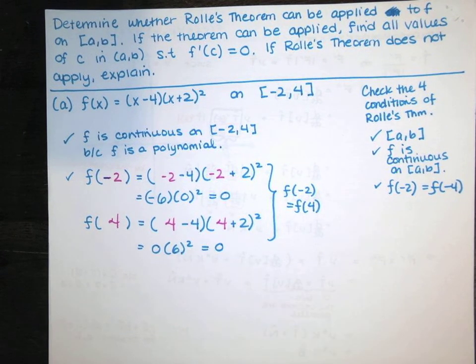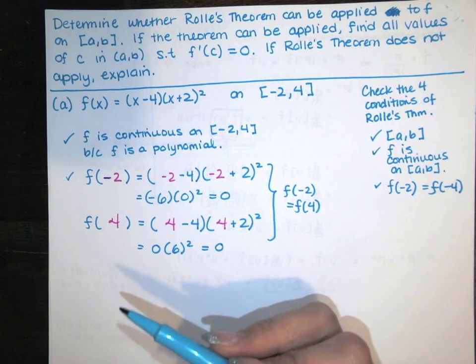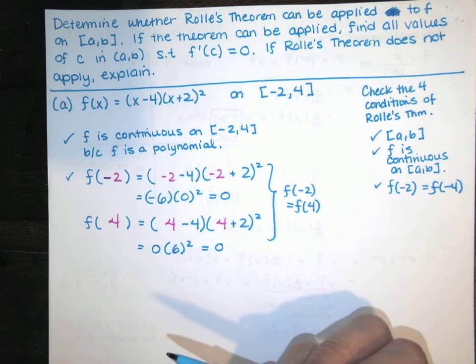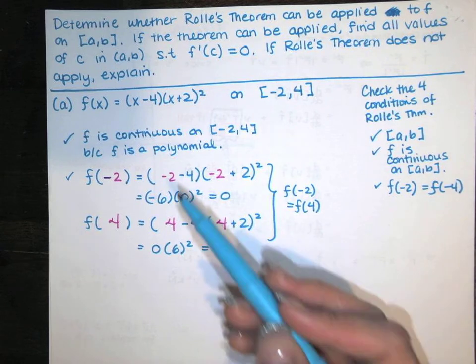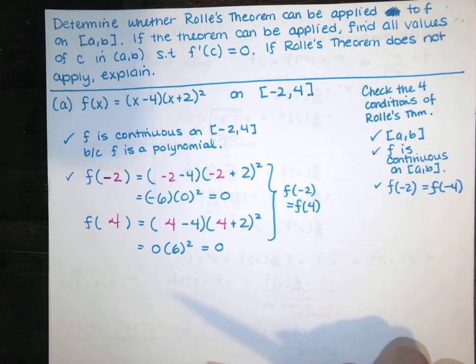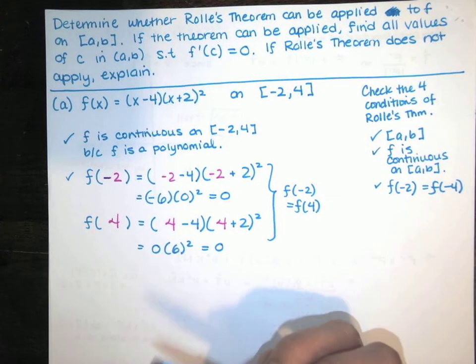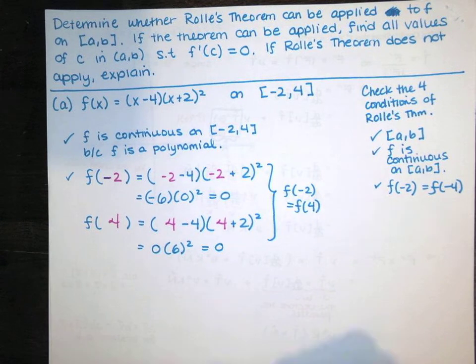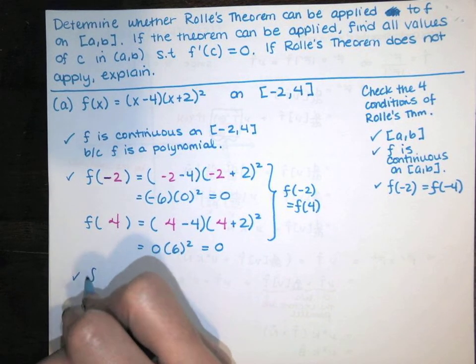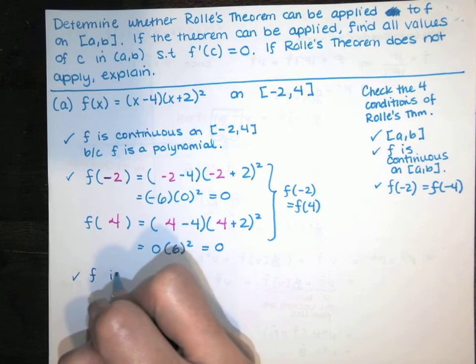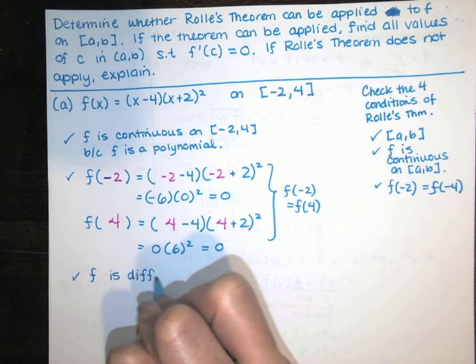Or we could just take the derivative and talk about domain issues the way we talked about them before with continuity. So let's do that just to practice that. I know it's going to be differentiable because it's a polynomial, but let's prove it.